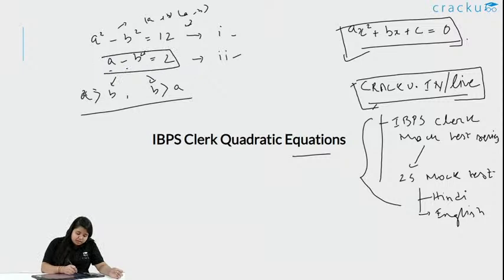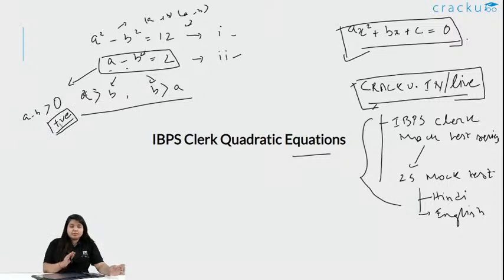This also means that a minus b is greater than 0, that is, it is a positive value. If this is a positive value and we are subtracting b from a, then obviously a should be greater than b to get this as a positive value. So, you get a direct answer, that is a is greater than b.